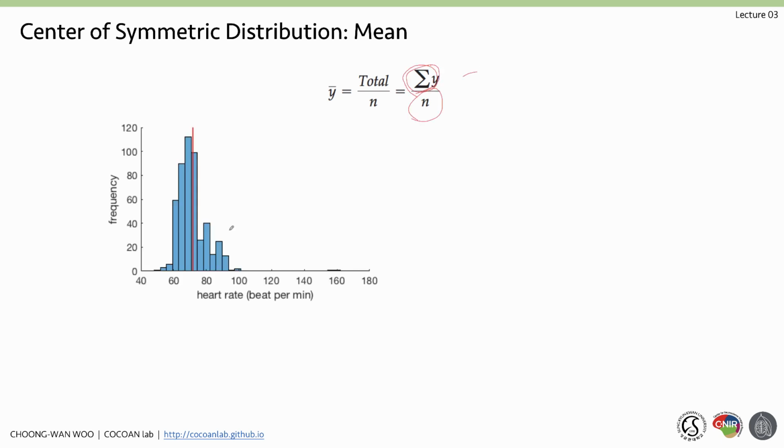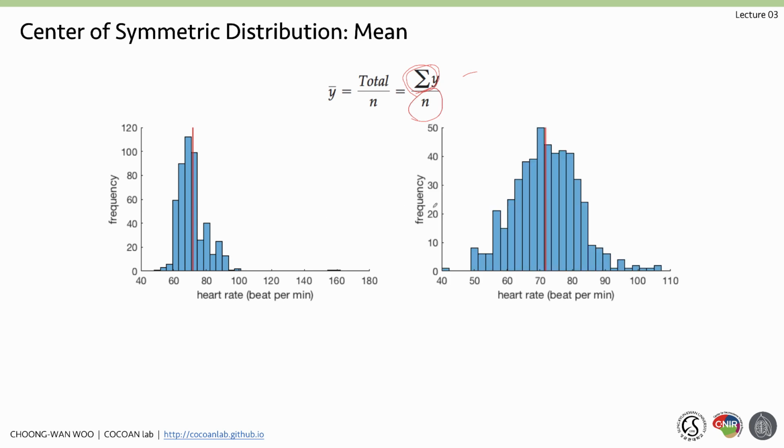But if your data has a symmetric distribution, we can use the mean value. This is really simple, just the average. Let's say I have this data and this red line is the mean. But as you can see, this doesn't seem to be the center, right? Because there is an outlier, it really draws the mean in this direction.